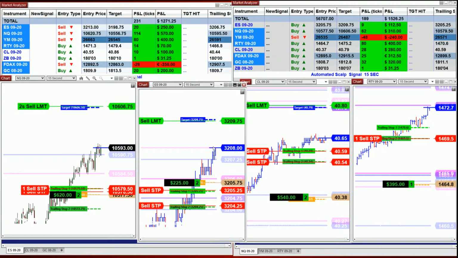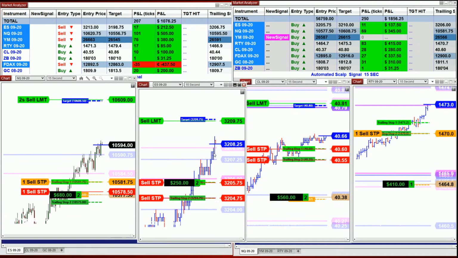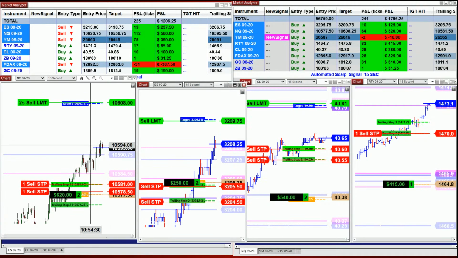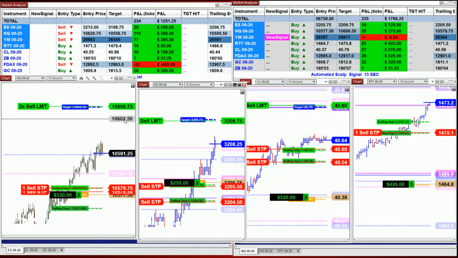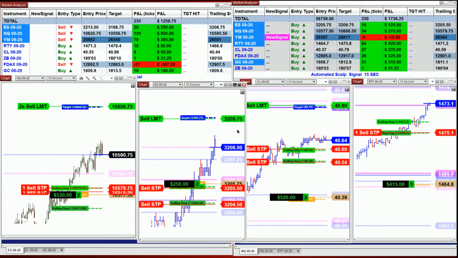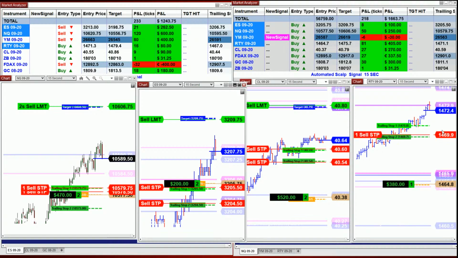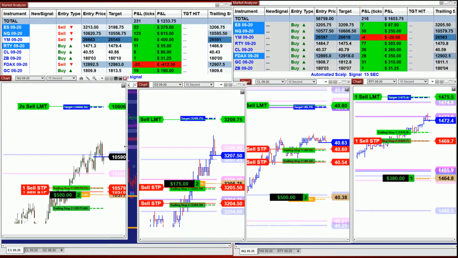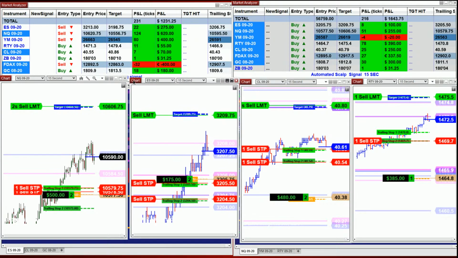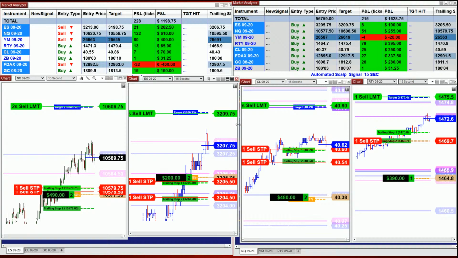If this ES breaks the 3208 and closes above the 3208, your Nasdaq is going to fly to the target. If the ES is struggling on the 3208 plus minus 1 bar, then this is the whole market. Look, I want to show you how the whole market gets infected by the ES.